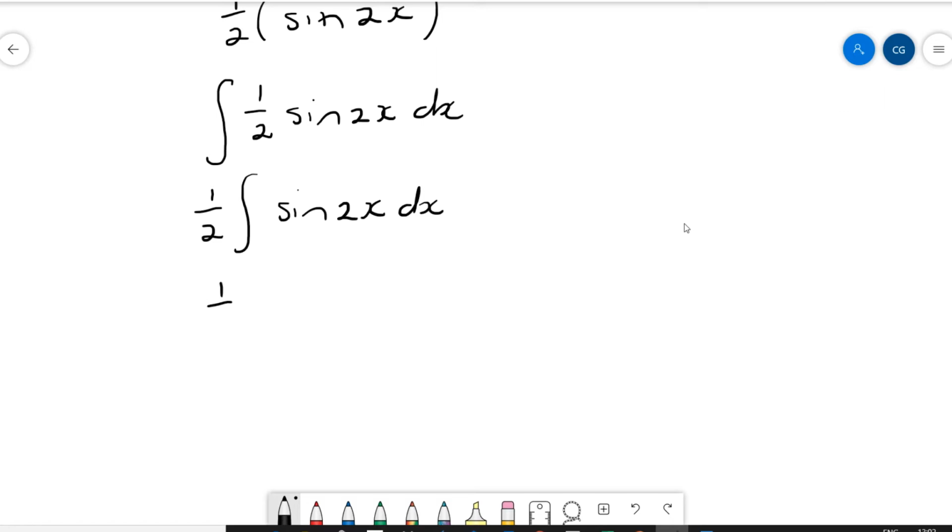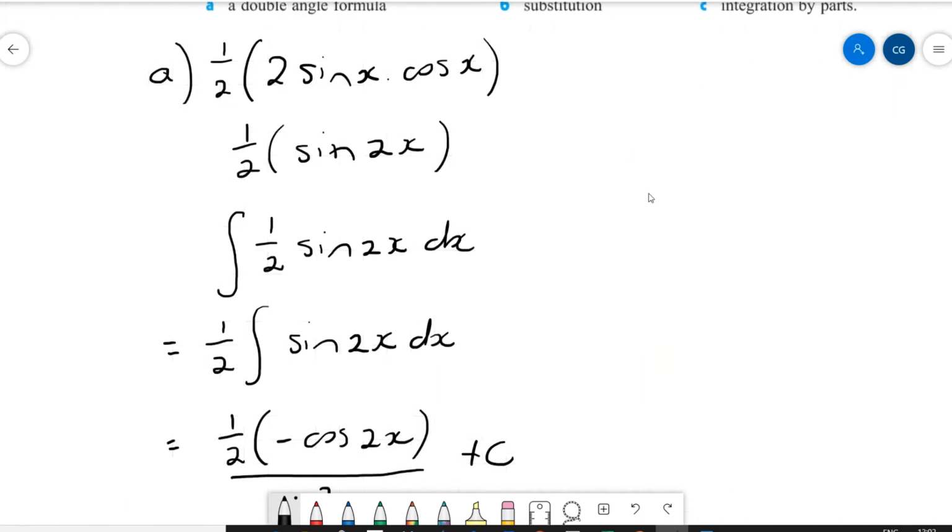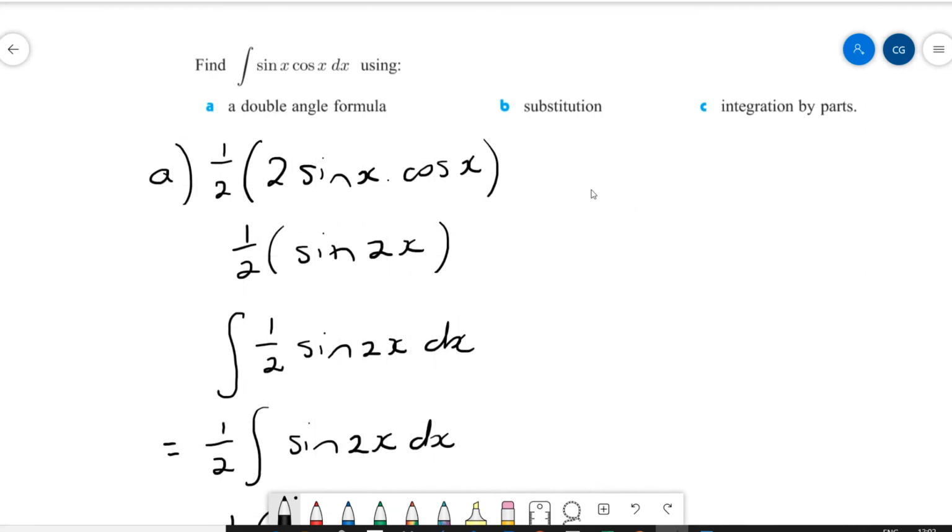So it is going to become a half times negative cosine of 2x divided by the derivative of the inside, which in this case is 2. And this will give me negative 1 over 4 cosine of 2x plus c. We should not forget, every time when we integrate an indefinite integral, we have to introduce an arbitrary constant. So this we have found here for the integral using a trigonometric identity, in other words, a double angle formula.